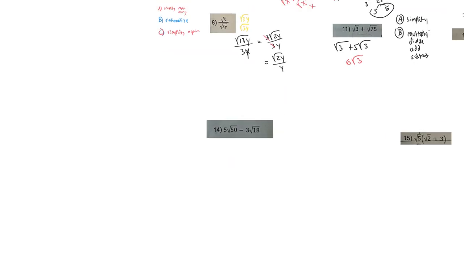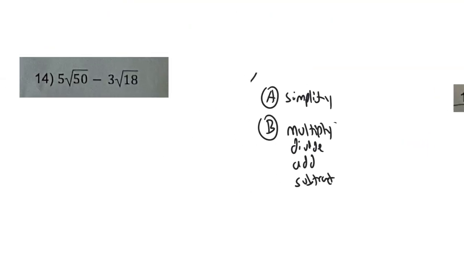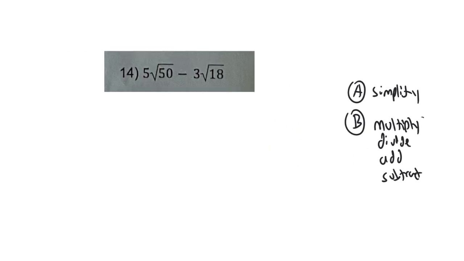Over here, using the protocol of simplifying, multiply, divide, add, subtract, which is what you want to do with these. So I'll just kind of barrel through this. This is going to become 5 times an extra 5 radical 2 minus 3 times an extra 3 radical 2.